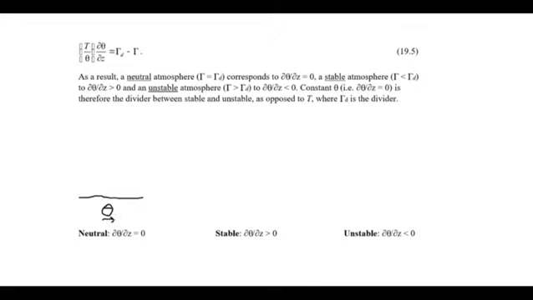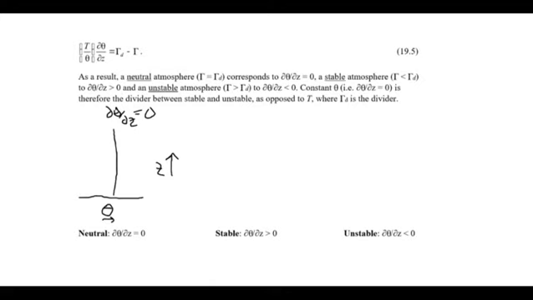A little better. Okay, so theta is increasing to the left, as you go upwards. This would be neutral, straight up. Theta does not change with height. This is dθ/dz equals 0.